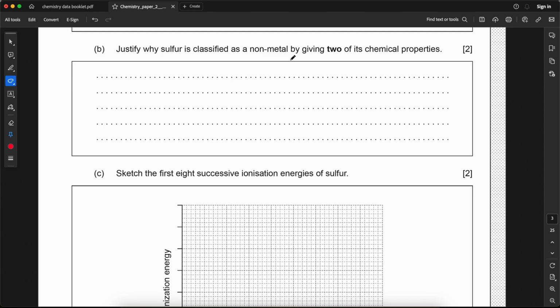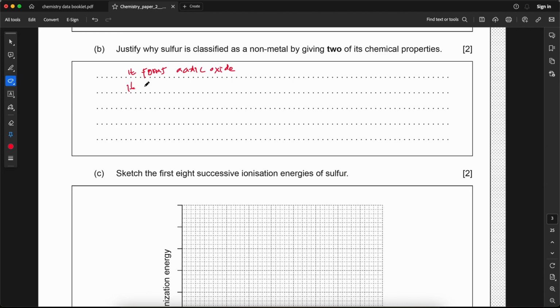Justify why sulfur is classified as a nonmetal by giving two of its chemical properties. Because sulfur is able to form acidic oxides. For nonmetals, it will form acidic oxides, and for aluminum, it will be amphoteric. And for metals like group 1 and 2, it will form basic oxides.